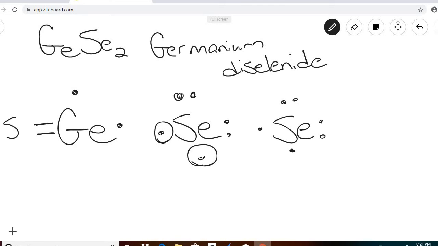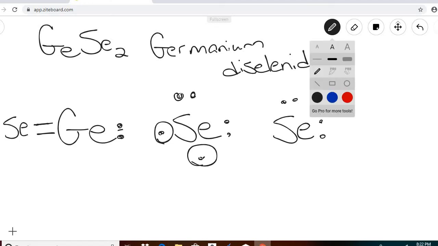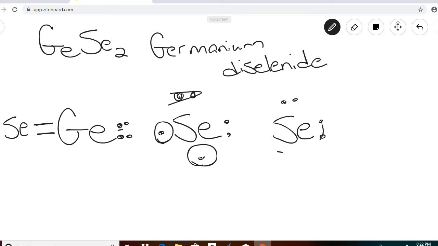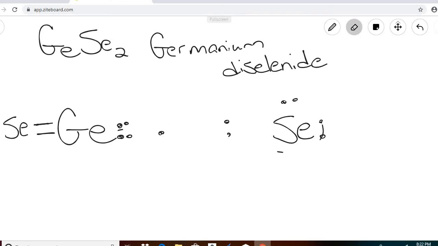So we'll put one selenium over here, and then we'll do the same thing here. We'll take these 2, move those both into the middle, and then move these 2 into the middle over here, and that selenium will go over there. Oh, eraser's not working.